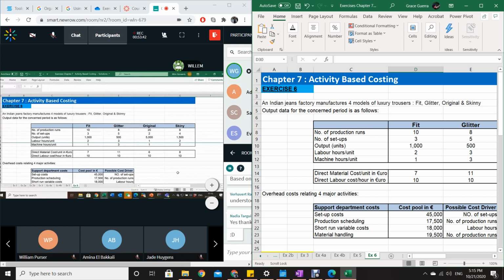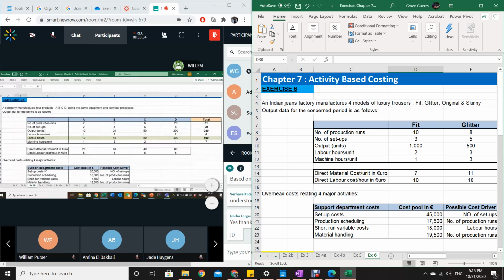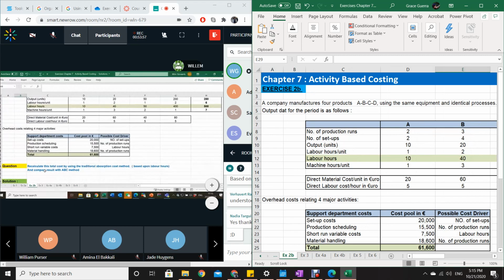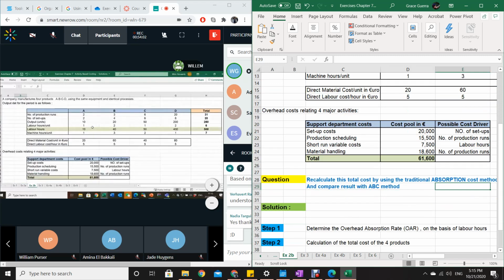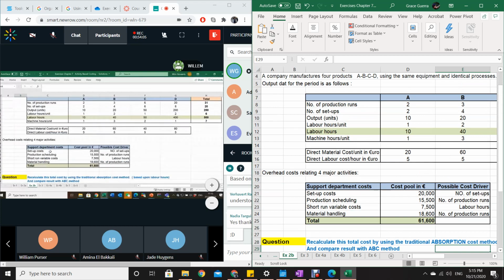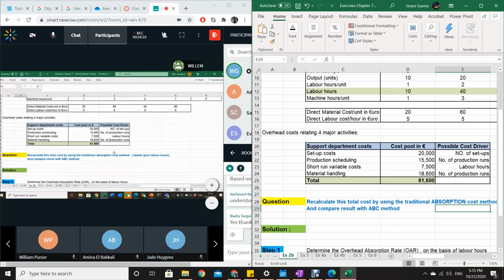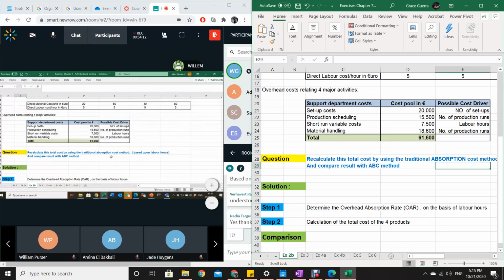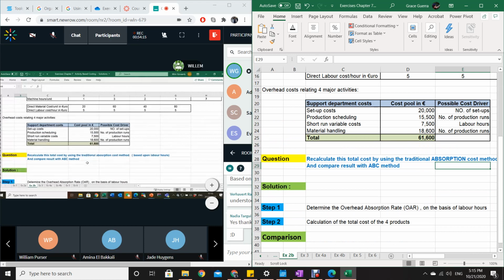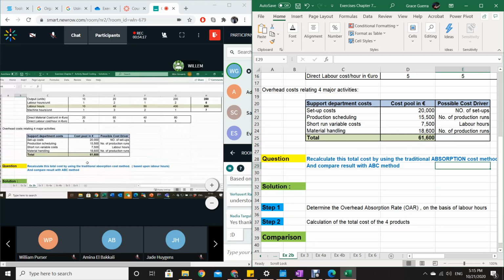So you will see that for this chapter, in fact, there is only one type of question. It's this one. And in exercise 2b, we will check this. So what is exercise 2b? This is also the same look of exercise, but here I ask you to make a comparison between the previous method, the absorption cost, by working with an OAR, and compare it with the result of ABC.